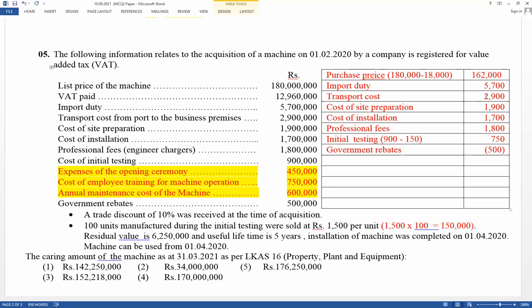Take the plus values, then deduct the minus values. Therefore, cost value equals, here total money equals 176,250. Therefore, this is the value that should be considered as a cost value.